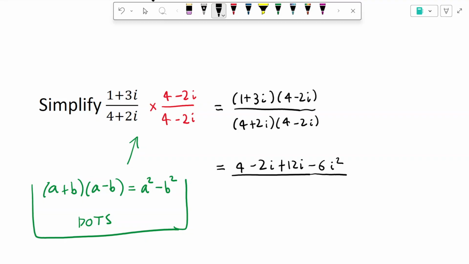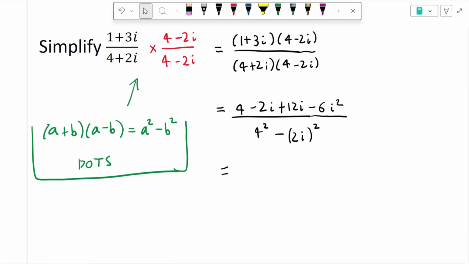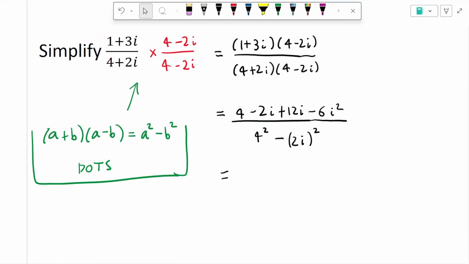Because if we look at applying this to the bottom, we get the first number squared, so that's 4 squared, take the second number squared, that's 2i all squared. Just like that. And the reason this is so nice is because we're going to be left with a normal real number on the bottom. So let's just deal with simplifying the top first.